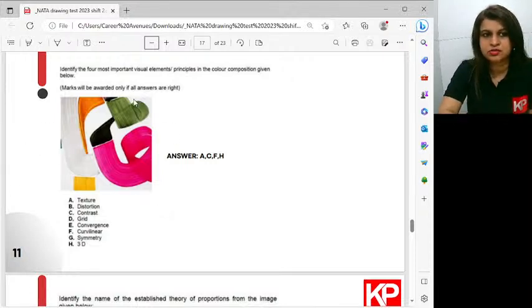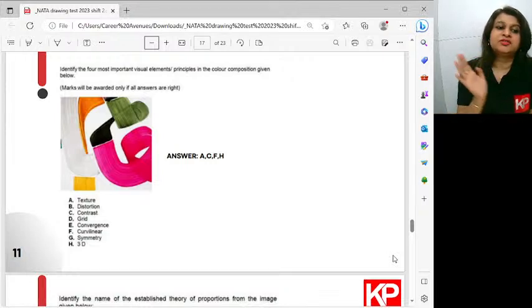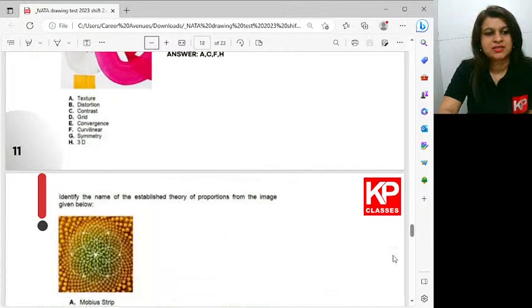Although this looks 2D, the way the colors are moving gives a 3D view to us, right? So the answer is again, I'll repeat: texture, contrast, curvy linear, and 3D. There is no grid forming, there's no distortion, there's no convergence or symmetry, definitely is not there. So what are we left with? Those are the answers.